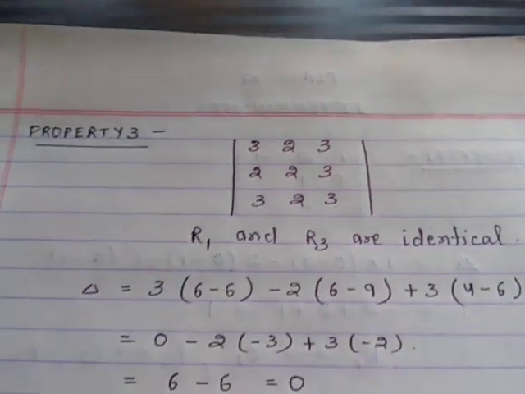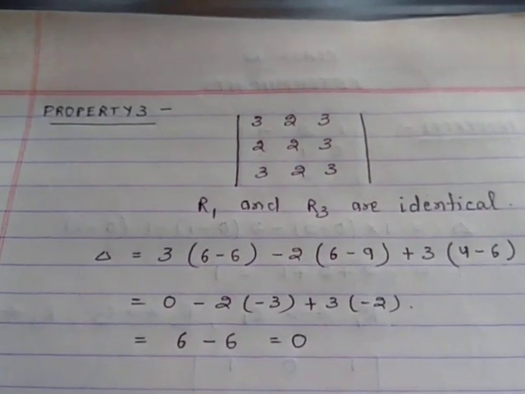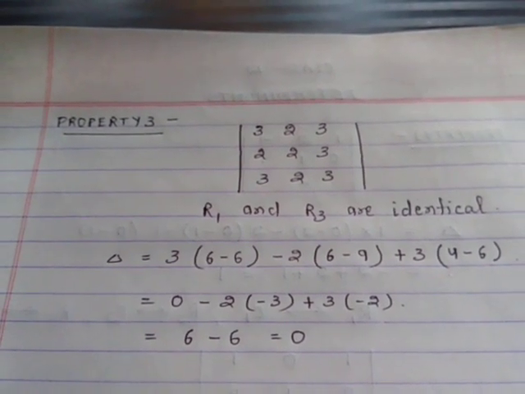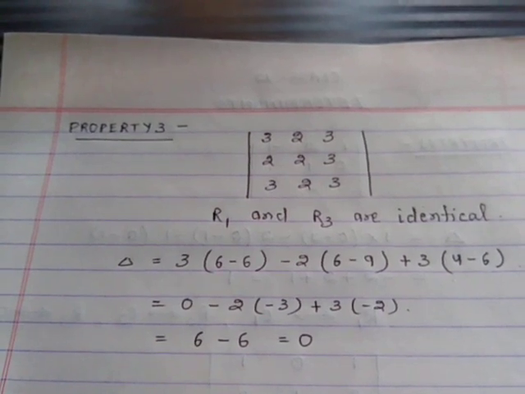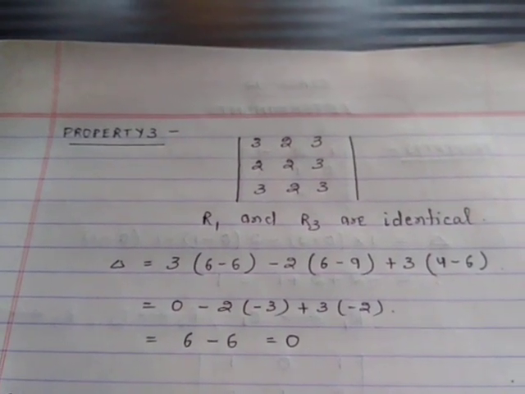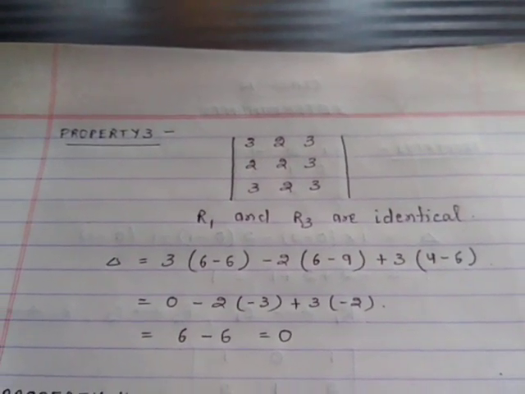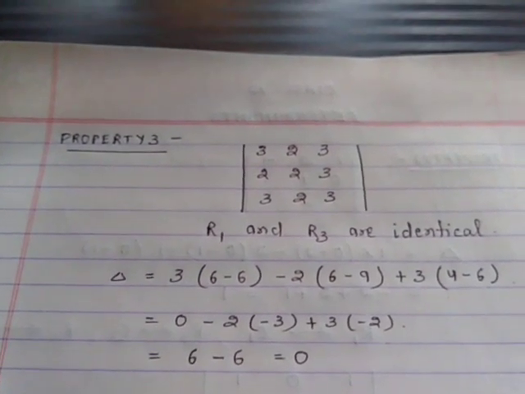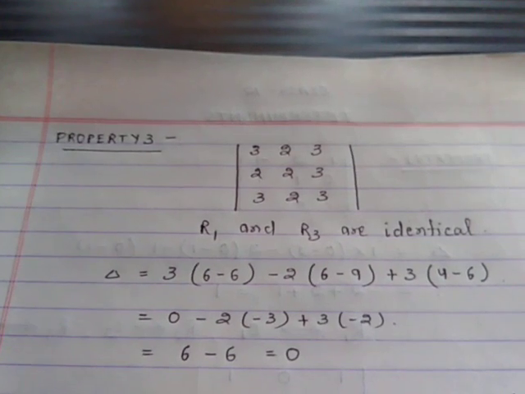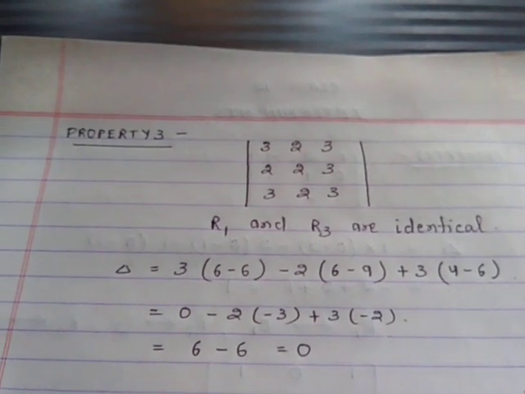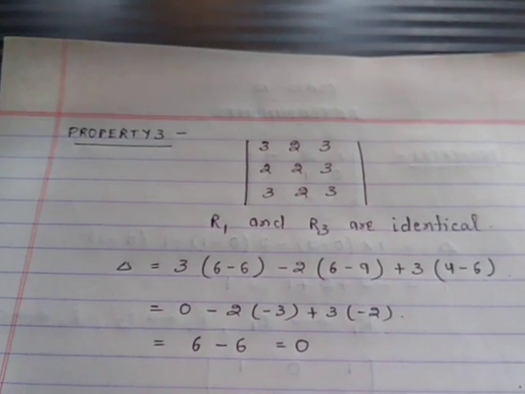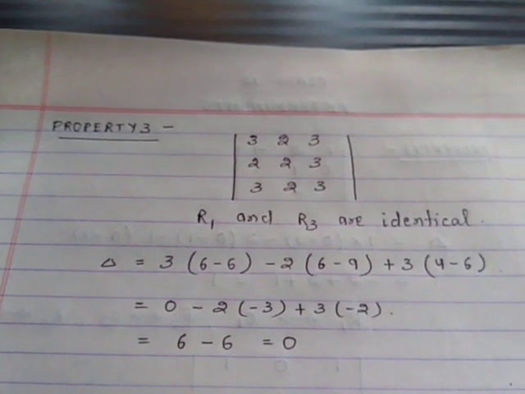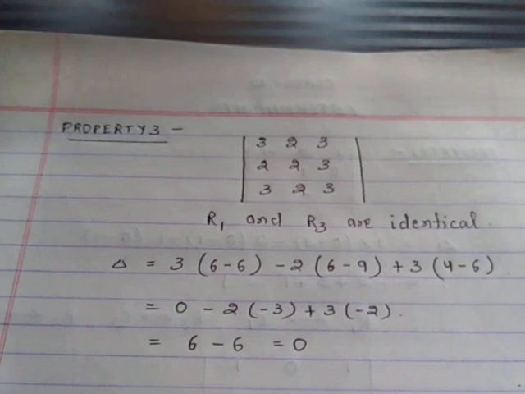Now, if we expand it, then we will get the value 0. So if any two rows or any two columns are identical, then we need not expand the determinant. We will just state that R1 and R3 are identical, therefore its value is 0.